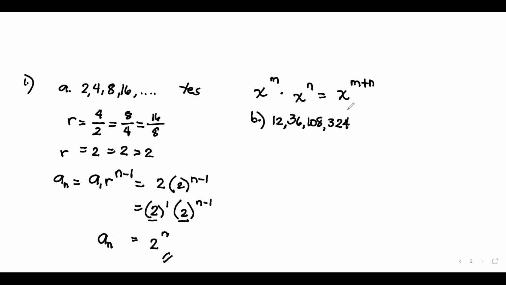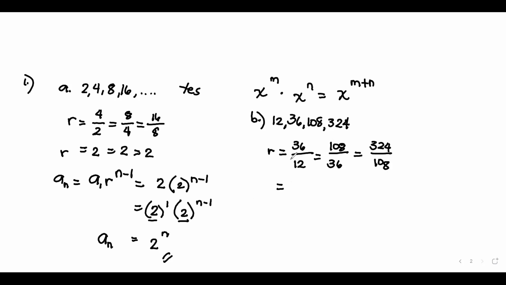Okay, so is this a geometric sequence? So we'll see. Let's compute for the ratio. Second term divide by the first term. Third term divide by the second term. Fourth term divide by the third term.